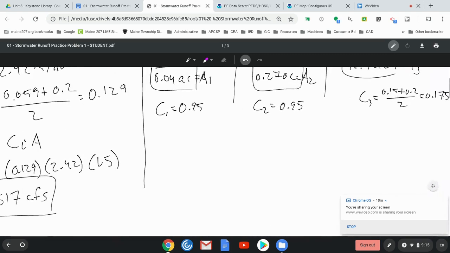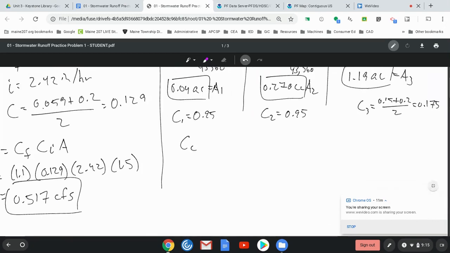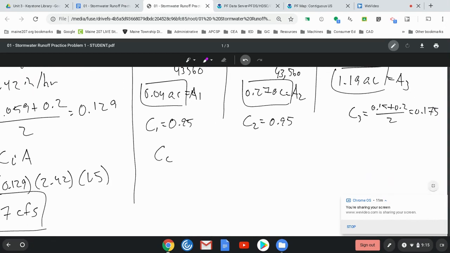So to find the average C value, the composite runoff, we need to do a weighted average. So remember, that's where we have to do 0.04 times 0.95 plus 0.27 times 0.95 plus 1.19 times 0.175, all that divided by the total area.